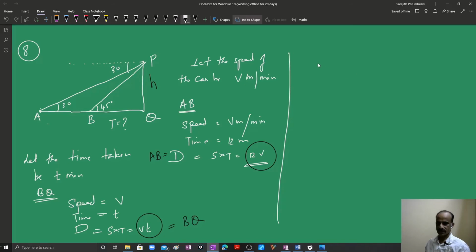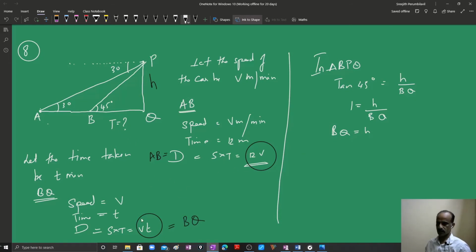In triangle BPQ, the opposite and adjacent sides are involved, so tan 45 degrees is equal to h by BQ. 1 is equal to h by BQ, or BQ is equal to h.